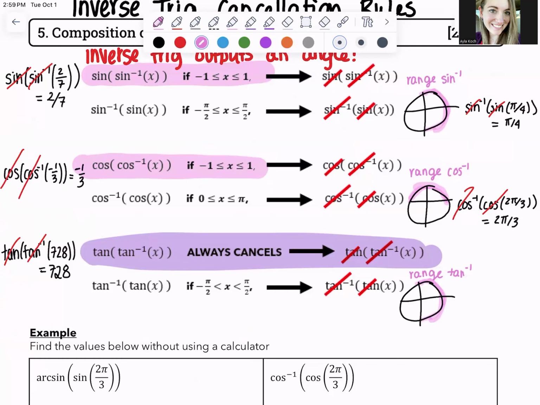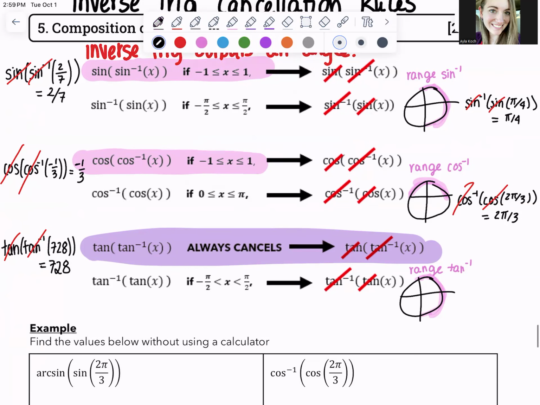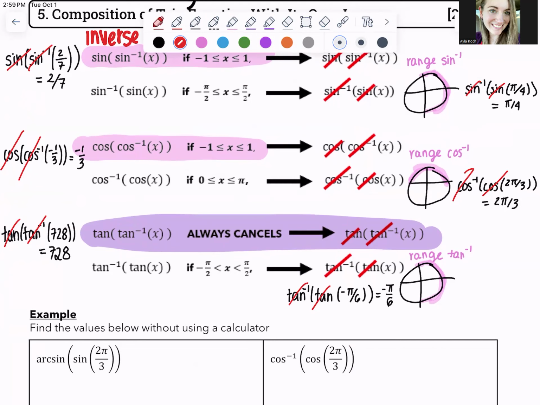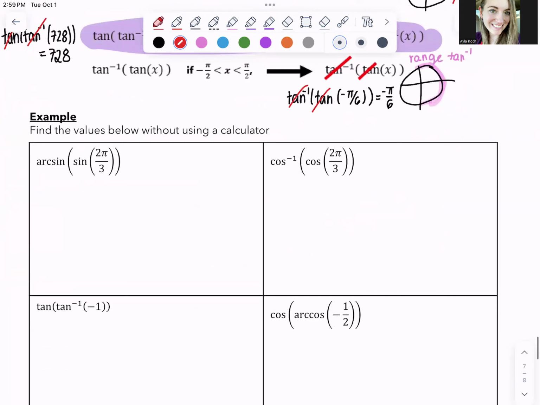So for this guy, I could have something like tangent inverse of tangent of negative pi over 6. This is equal to negative pi over 6. The tangent and the tangent inverse cancel. So sometimes they cancel and sometimes they don't. And you just have to be careful about assuming when they do and don't cancel.